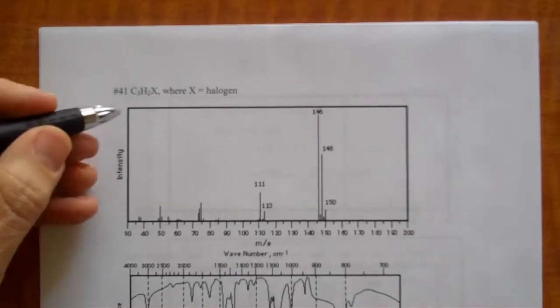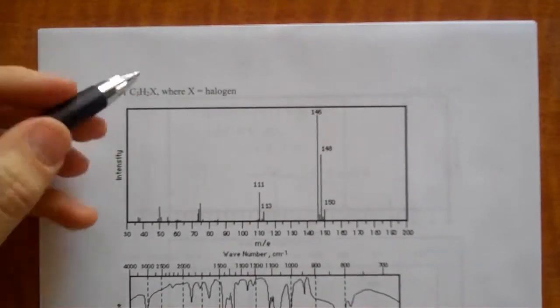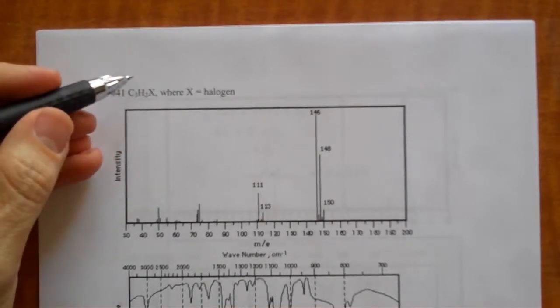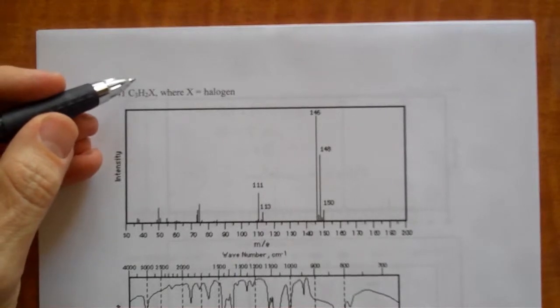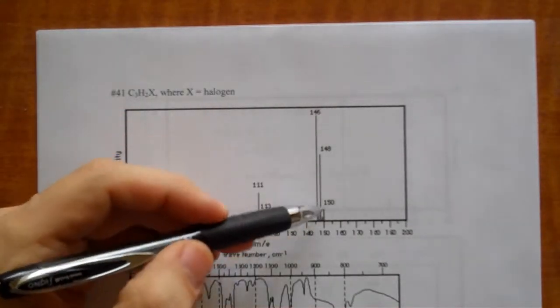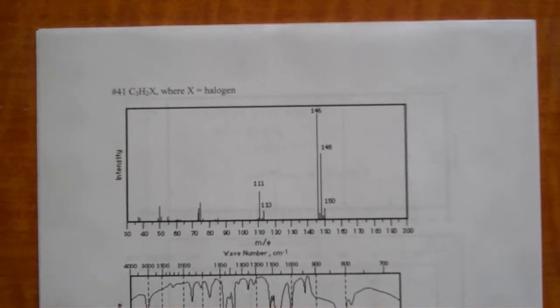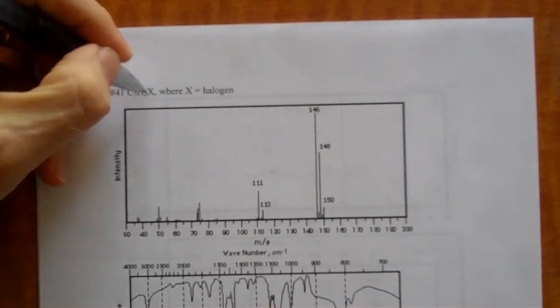Okay, C3H5X. I'm sorry, C3H2X, where X is a halogen. Alright, that's a toughie, because I don't see a 1-to-1 ratio here. But you know what? That's going to be weird anyways. Look at this, C3H2.